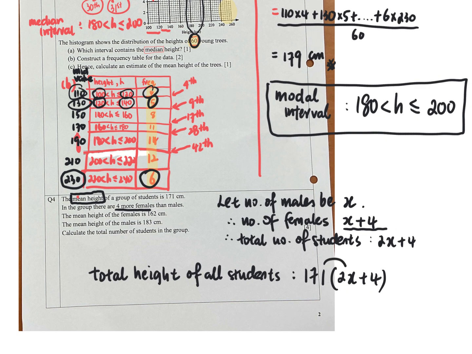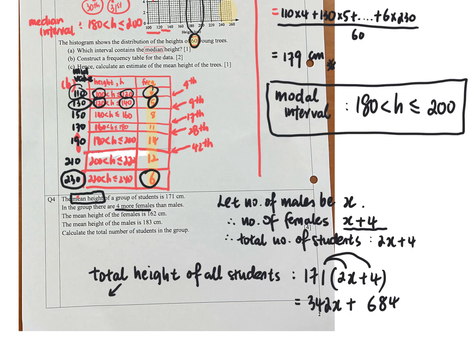So if you want, you can expand it out. So that gives you 342x plus 684. Okay, you can simplify first. And then I know that the total height of all the students should break down into total height of girls, females, and males. So I'm going to section them out.